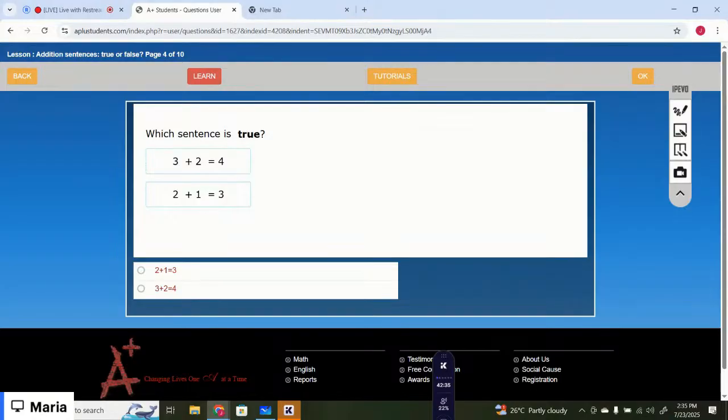Which sentence is true? 3 plus 2 equals 4, or 2 plus 1 equals 3? Option number 1 is the correct option, that is 2 plus 1 equals 3.